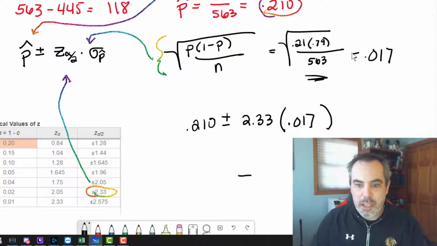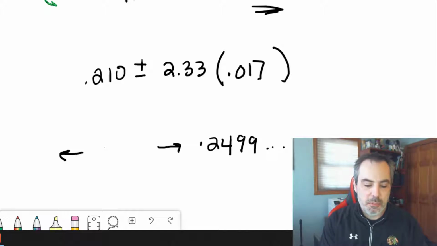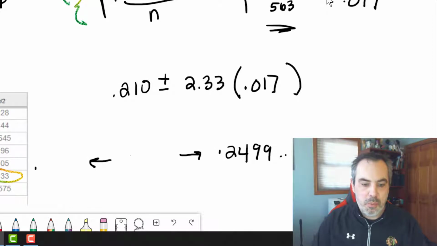So on one side over here I've got 0.24999, it's going to keep going. And on the other side I have to take this 0.210 minus 2.33 times 0.017. And I have over here 0.17039.